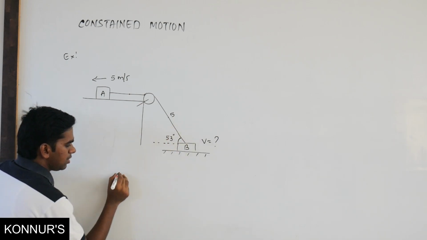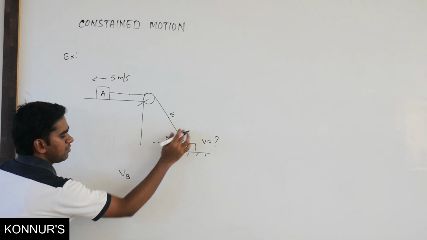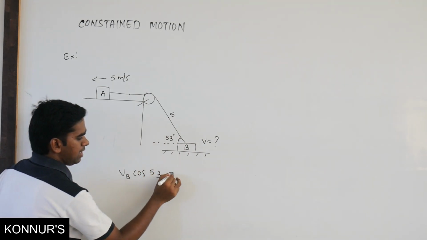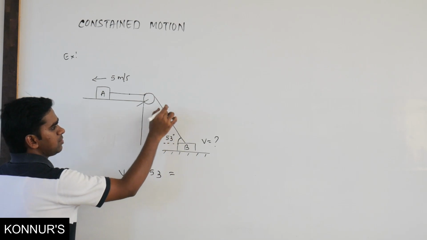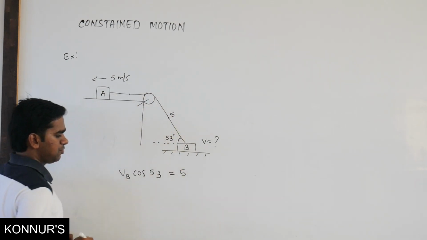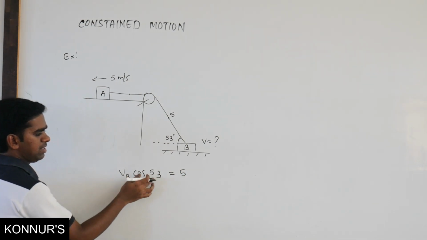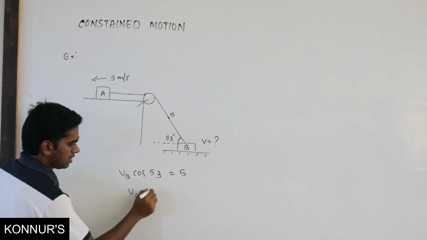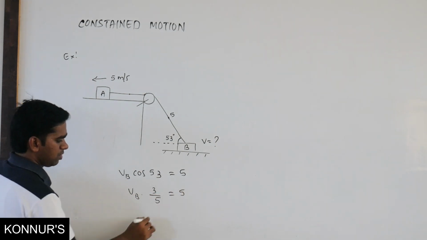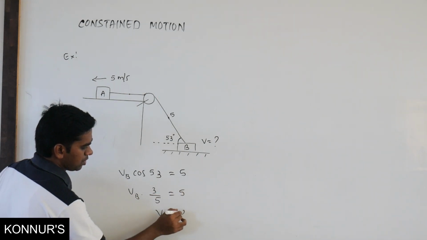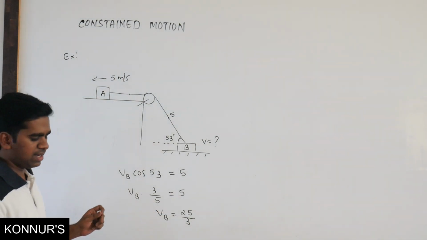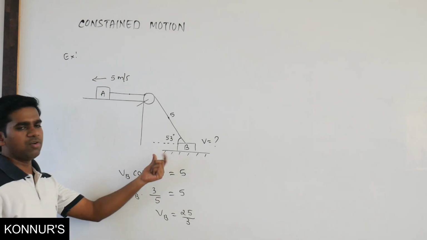Vb cos 53 equals the velocity along the string, which is 5. So I will equate it to 5. What is cos 53? Cos 53 is 3 by 5. So Vb times 3 by 5 equals 5, and you will get Vb equals 25 by 3. This is how we can get the velocity of B.